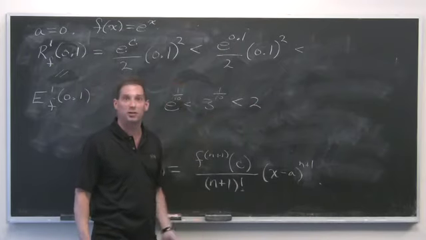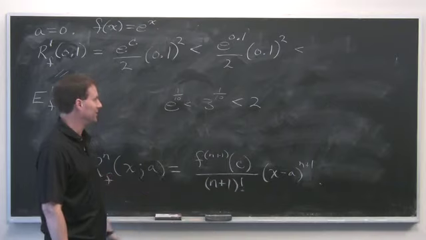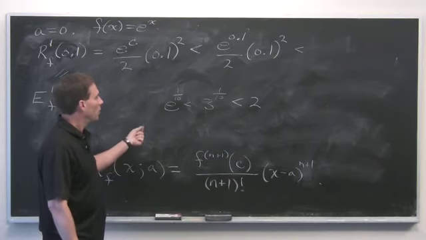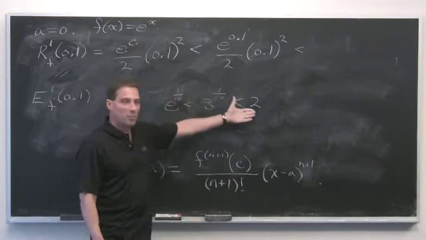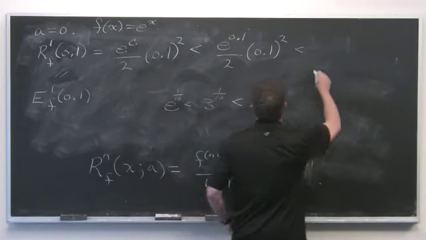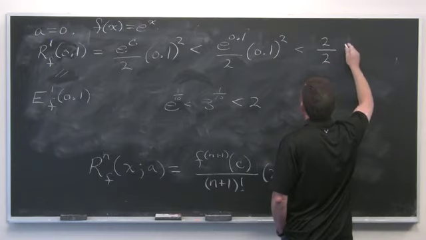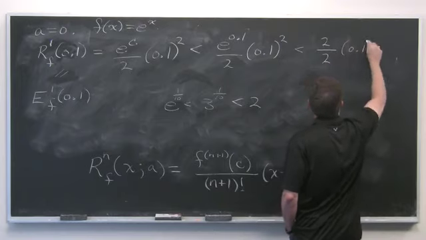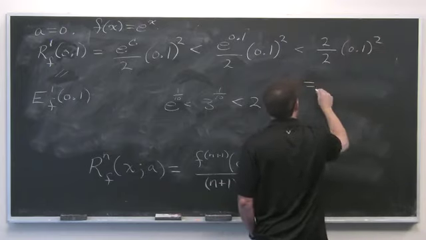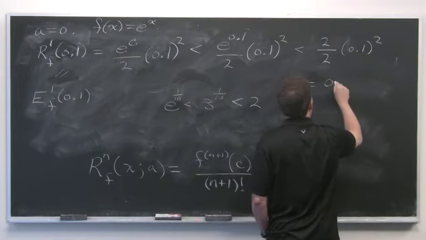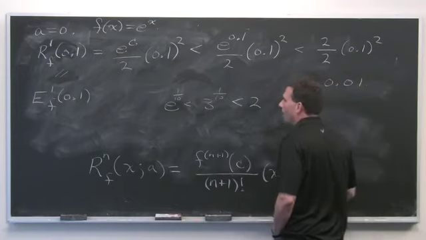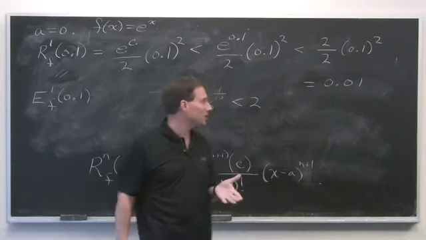Because 3 is less than 2 to the 10th power. 2 to the 10th is a lot bigger. So we can use this gross upper bound of less than 2, and now we'll have that this is less than 2 over 2 times 0.1 squared. Well, that's great. These cancel. This is 0.01.